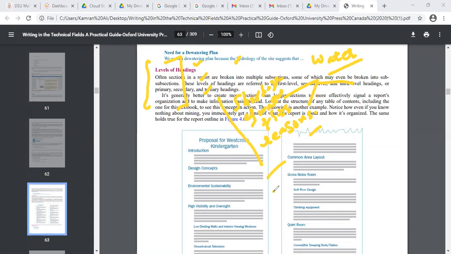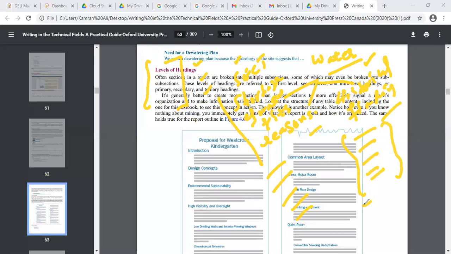So there are multiple paragraphs which may come under this, so you can call it a section, right? And let's suppose you're talking about some historical findings regarding water shortage. This is an entirely different aspect, and it is quite detailed, so it may have a number of paragraphs.